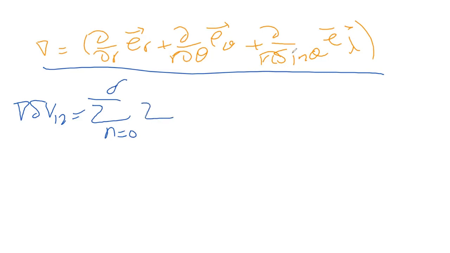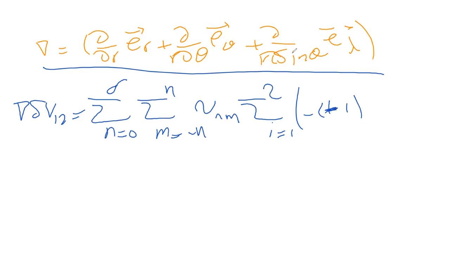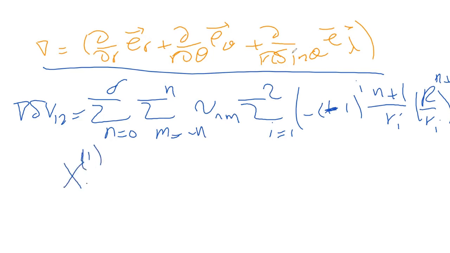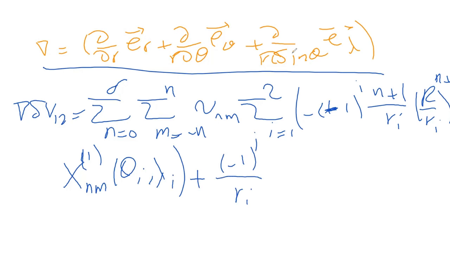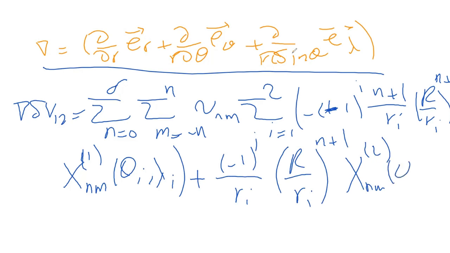So the summation over n of the spherical harmonics, with the n minus 1 and n plus 1 terms in R_i, where the vector spherical harmonics of theta i lambda i appear, plus and minus, and again vector spherical harmonics of type 2 R_i.